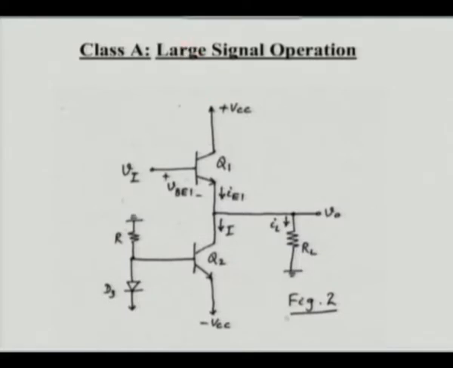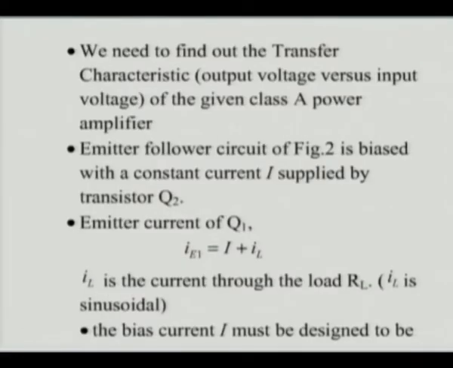So to recap, we have Q1, which is the one that gets the signal, and it is biased through this two transistor combination. We have an emitter current IE1, which equals I plus IL, where IL is the current flowing through the load, and we have the output voltage taken across the load.